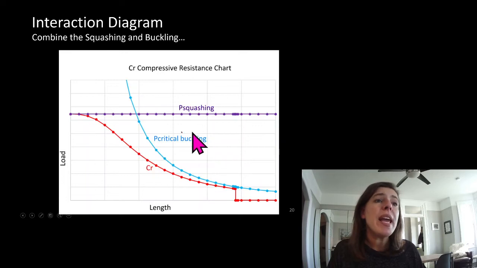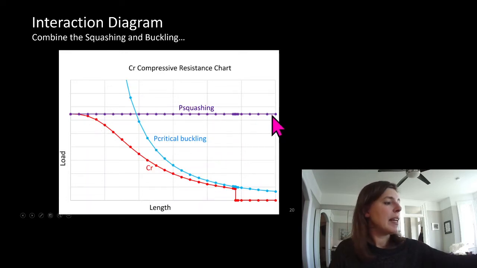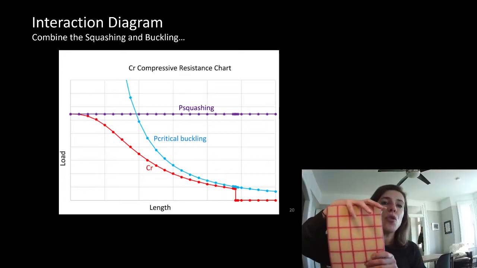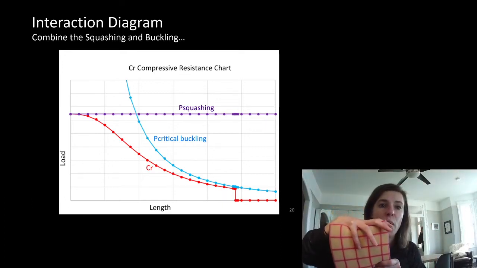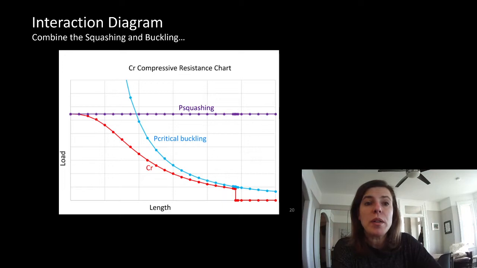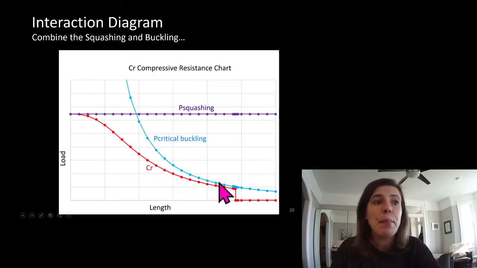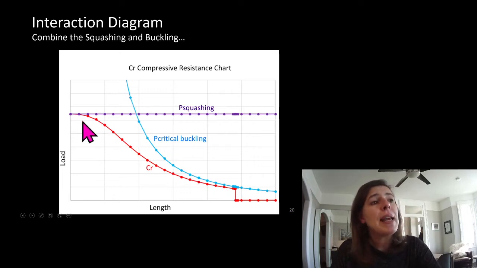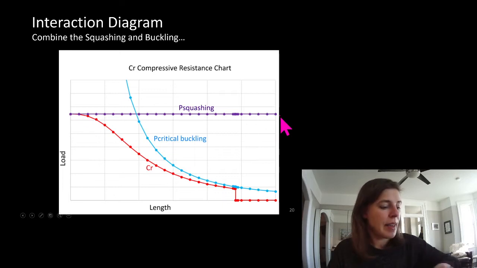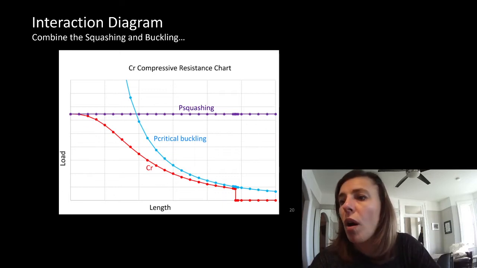So if we said that P squashing is just our normal axial load equation, or force equals stress times area, and this blue line is that critical buckling load, it makes sense that P squashing doesn't change. There was nothing about length in P squashing.